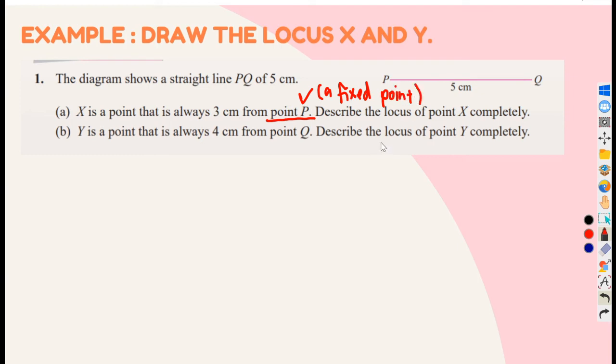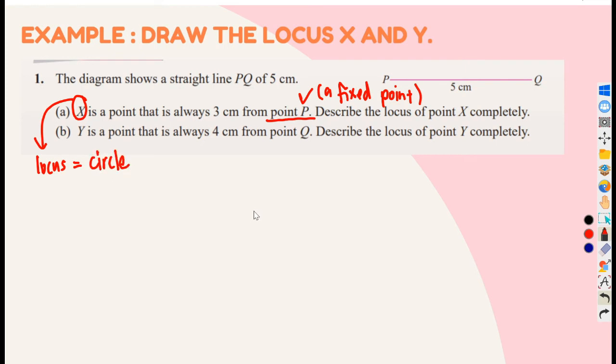X is a point that is always 3 cm from point P. So point P must be a fixed point. So the locus that you need to draw is a circle. What locus? X is the locus. X is a point that is always 3 cm from point P, and point P is a fixed point. So the locus that you need to draw is a circle.